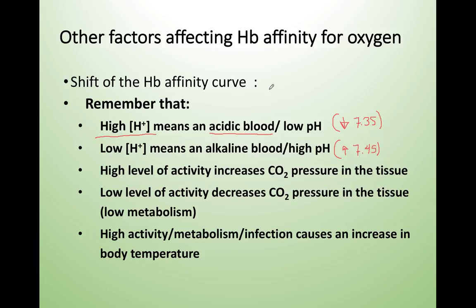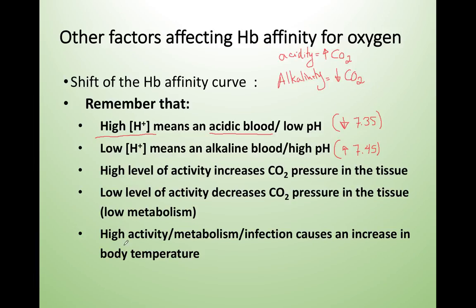Now, when you think about this, acidity, if you guys remember from our earlier lab, acidity can also be translated to a high level of CO2, and alkalinity can be translated to a low concentration of CO2, because CO2 is considered an acidic component. The more of it you have, the more acidic your blood becomes.